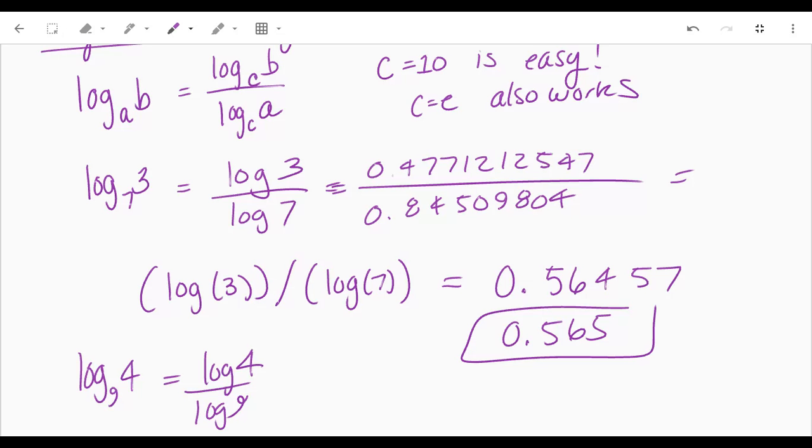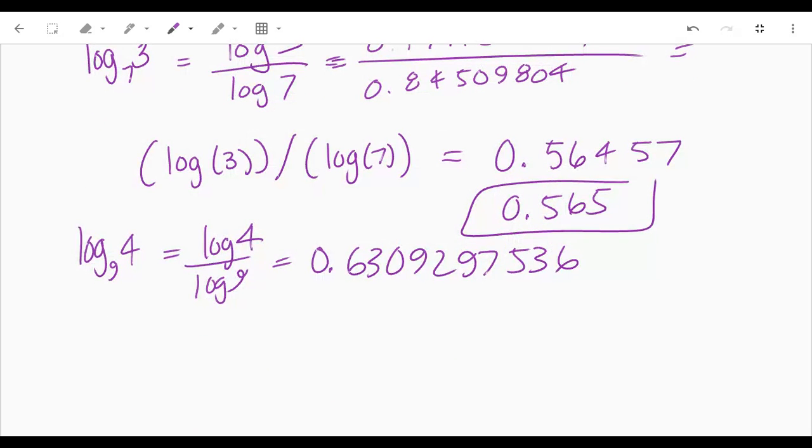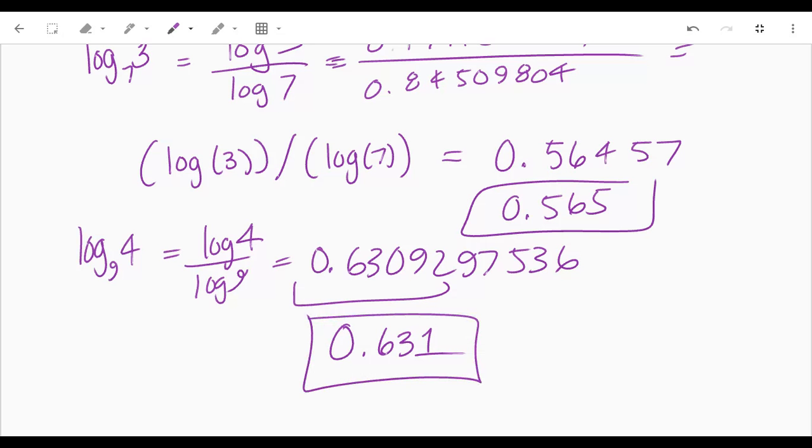And I get 0.6309297536. So to the nearest thousandth, 0.631. And there we go. Okay. And that's it for module, whatever module we're on, 18, I think it was. Okay. All done.